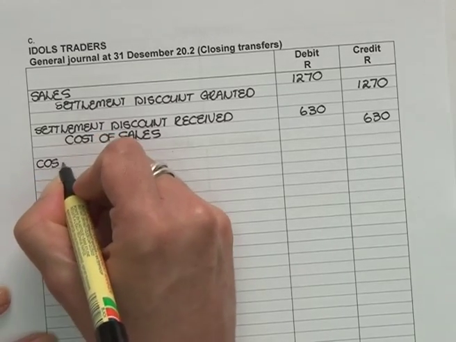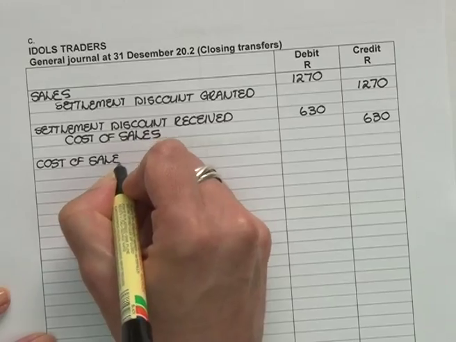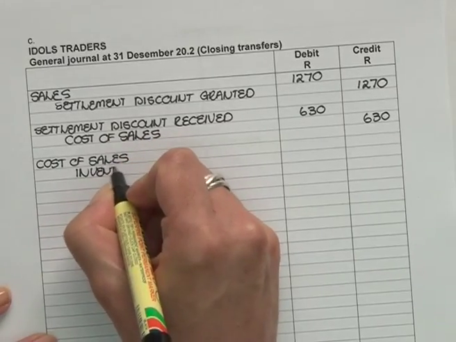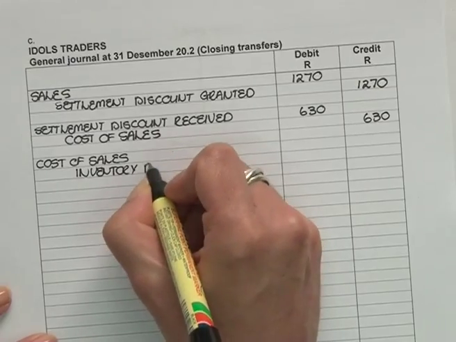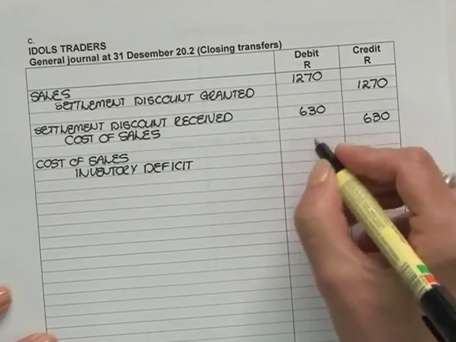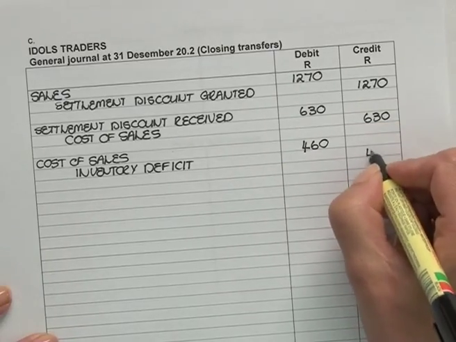So this will end up in my cost of sales, corresponding credit in inventory deficit, and the amount there is 460.